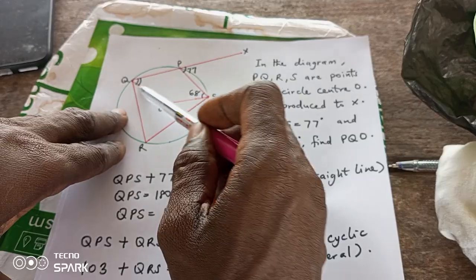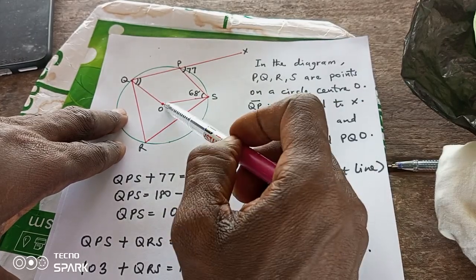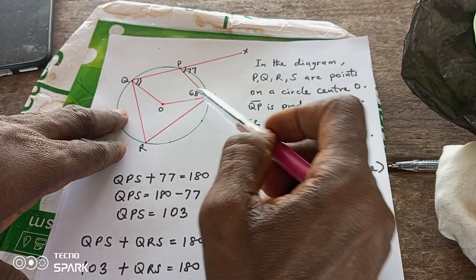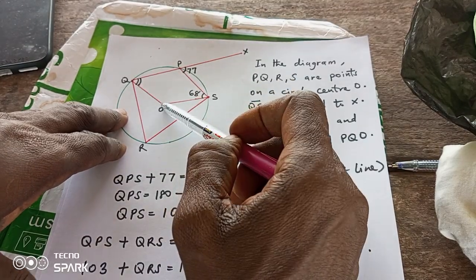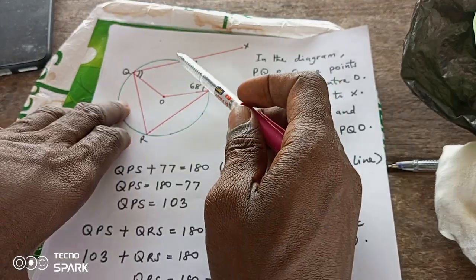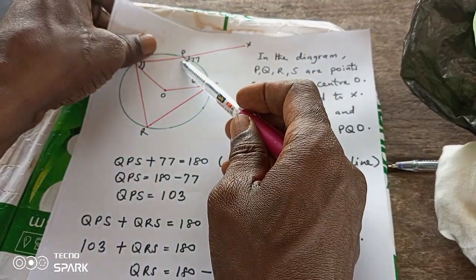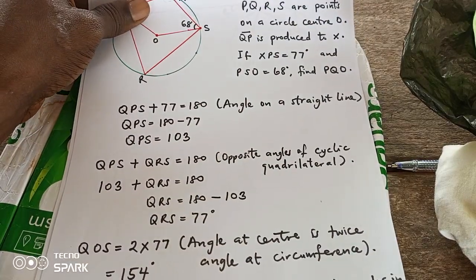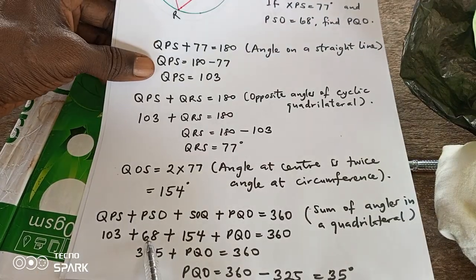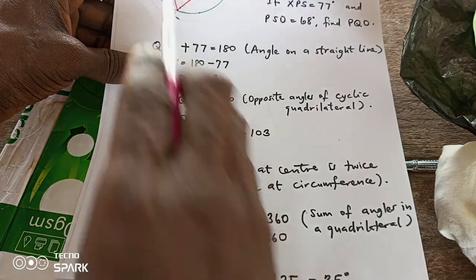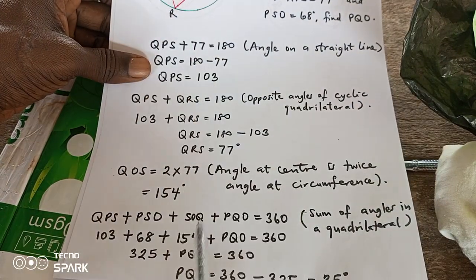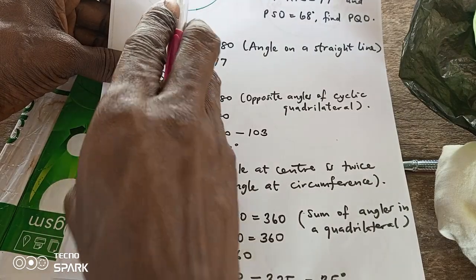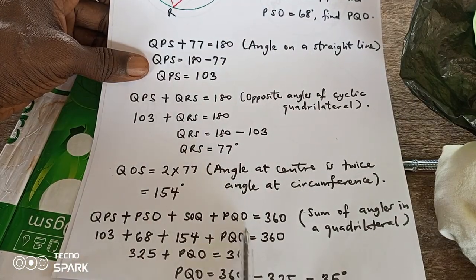If you now take this to be a quadrilateral, the sum of angles in a quadrilateral is 360. So we add this 103 for this angle here, plus 68 for this one, plus this angle at the center, which is 154, plus the angle we are told to look for, which is PQO.